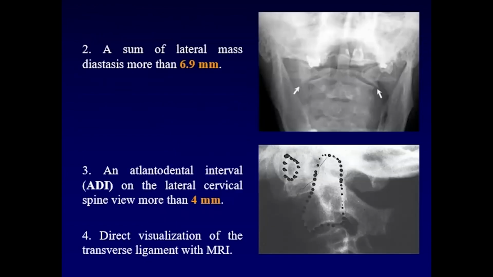You can also look for a sum of displacement of the lateral masses overhanging of a total of more than 6.9 millimeters, an atlanto-dental interval (ADI) on the lateral cervical spine of more than 4 millimeters, and you can directly visualize the transverse ligament with MRI.